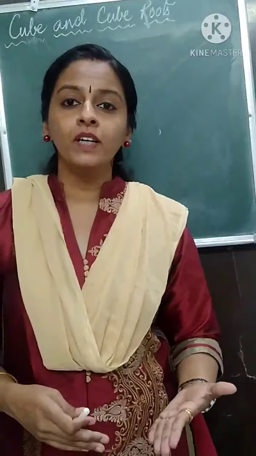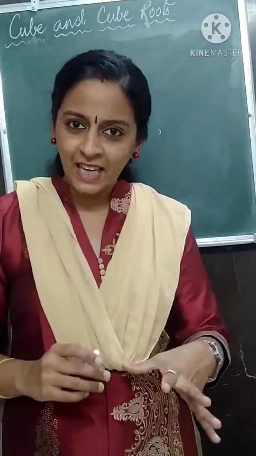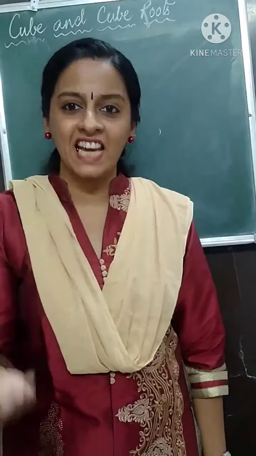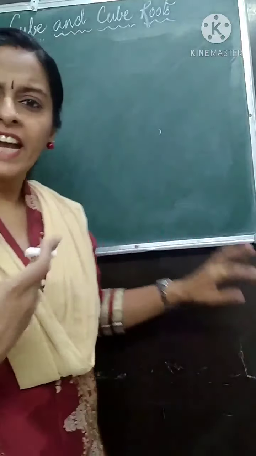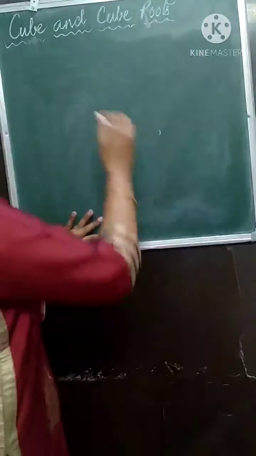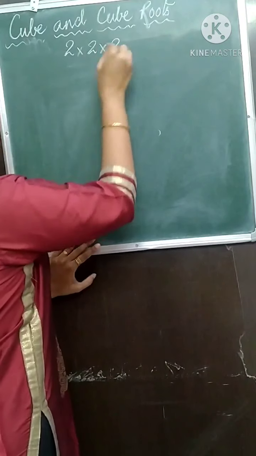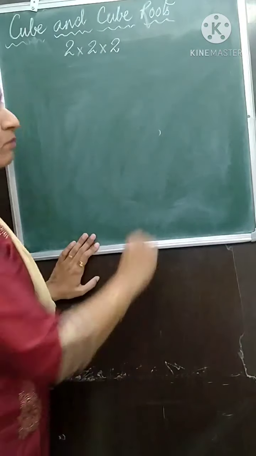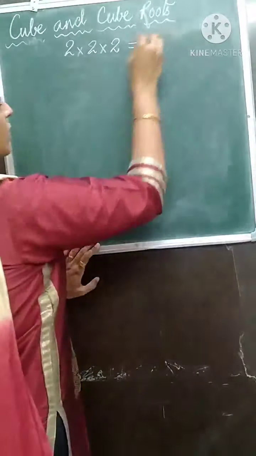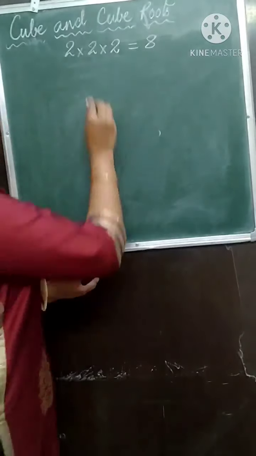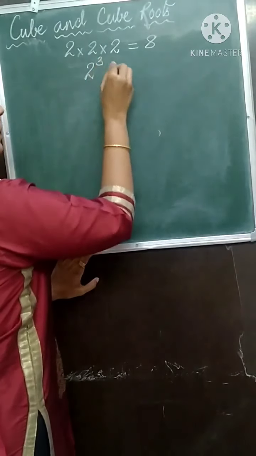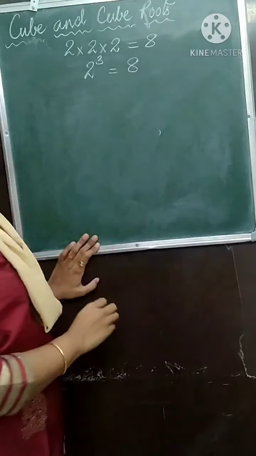What is cube? Cube means any number multiplied thrice, or 3 times. Any number when you multiply 3 times. 2 into 2 into 2. 2 is multiplied 3 times. You get 8. 2 2s are 4, 4 2s are 8. That is, 2 cube is equal to 8.